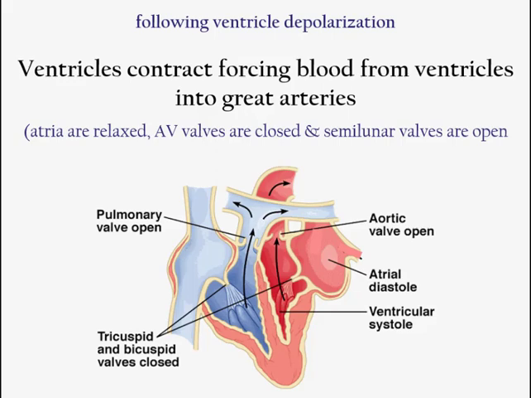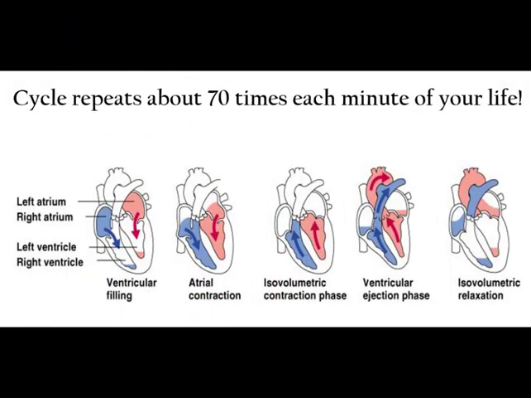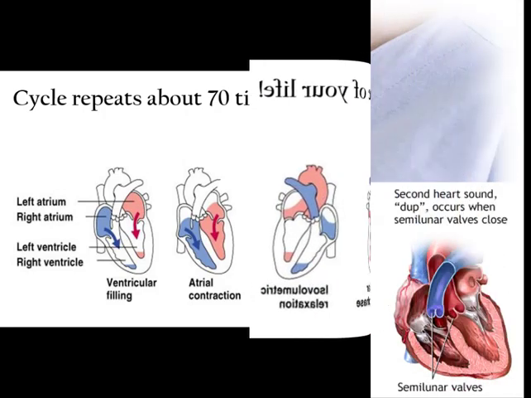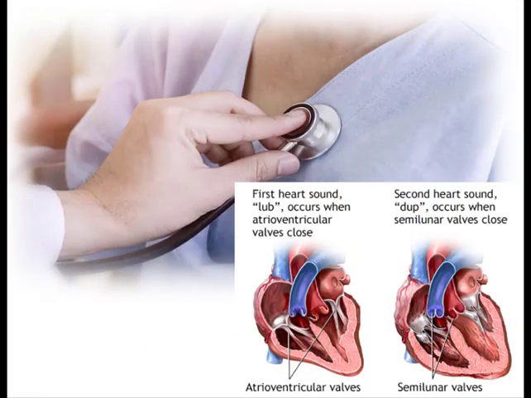At that point, the tricuspid and bicuspid open so that blood can passively resume flow from the atria to the ventricles. This cycle repeats about 70 times per minute every day of your life. The heart sounds you hear through a stethoscope are actually the turbulence caused by the closing of those valves.